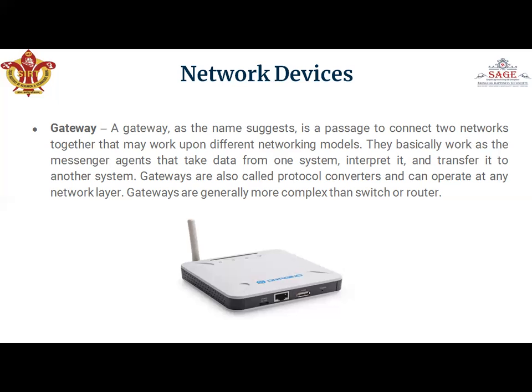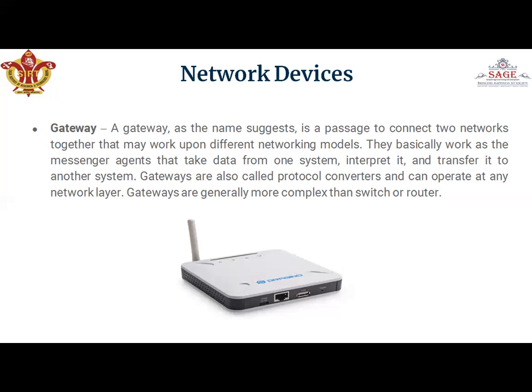So this translation is done by the gateway. So gateways are also called protocol converters and can operate at any network layer. Gateways are generally more complex than switches or routers, because they have the additional functionality of interpreting. Interpret means interpreting the data or any information. This is the diagram of our gateway.